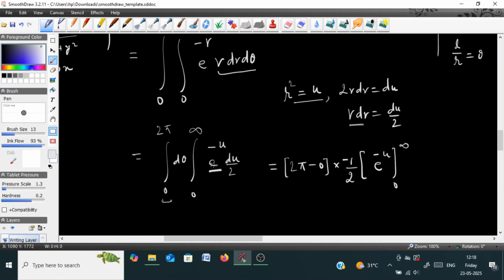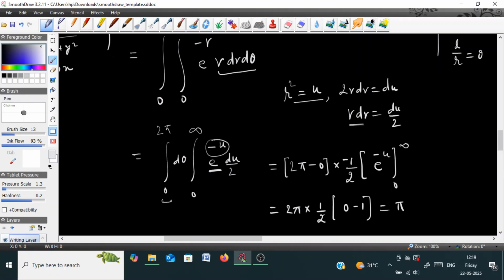Okay, so e raised to the power minus u du, if you integrate it, the integral of e raised to the power minus u is e raised to the power minus u, but when you take the derivative of minus u, it becomes minus 1. That is why you have multiplied it with minus 1 here, and then it becomes 2 pi into 1 by 2 into e to the power minus infinity, which is 0, minus 1, so you get pi.